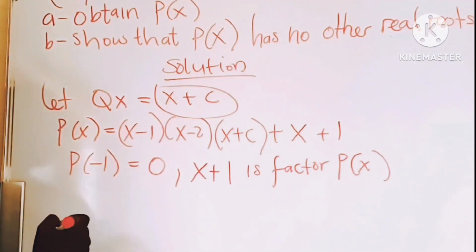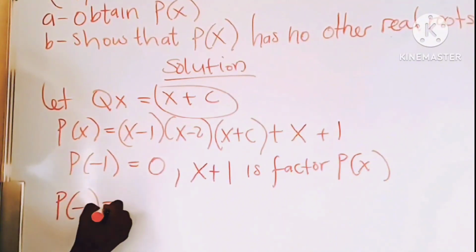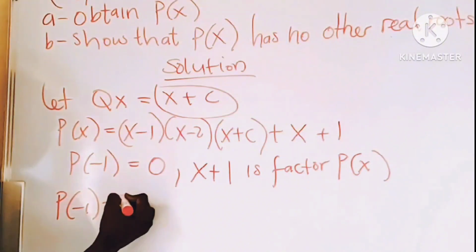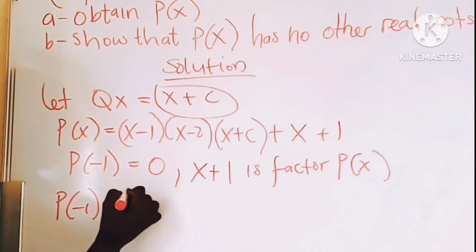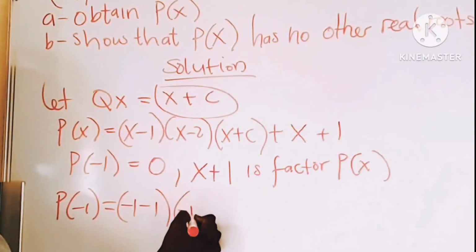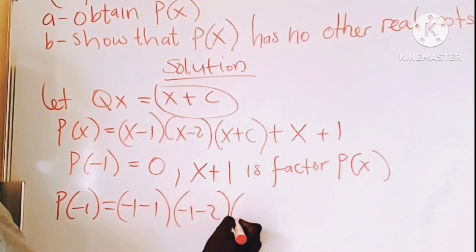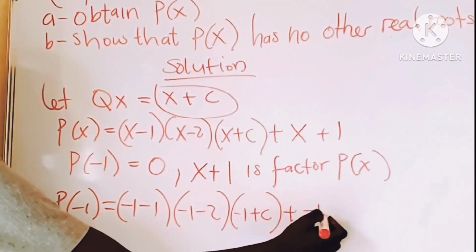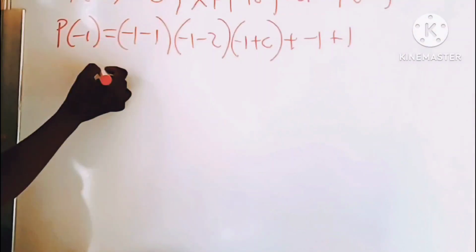Let's solve P of -1 equals 0. P of -1 is substituting -1 wherever we have x. That will give us -1 minus 1 into -1 minus 2 into -1 plus C plus -1 plus 1.